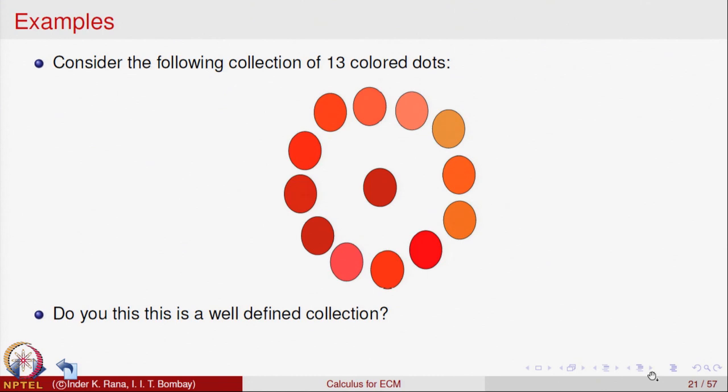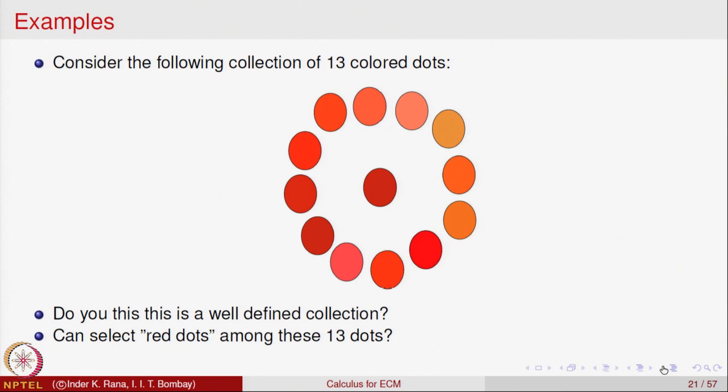You can imagine you are physically given a box containing these 13 painted cardboards. So, it is a well defined collection. Now, the next problem that I am going to ask you is the following: can we select red dots among these 13 dots?